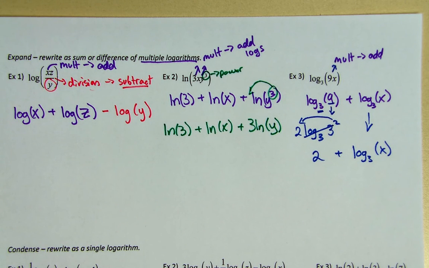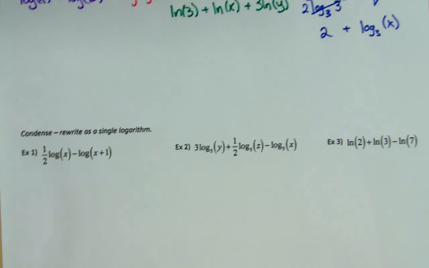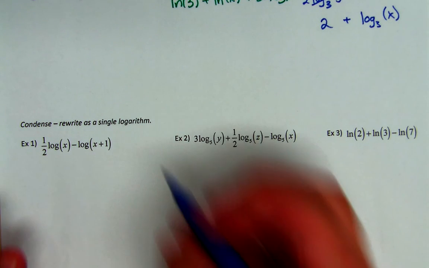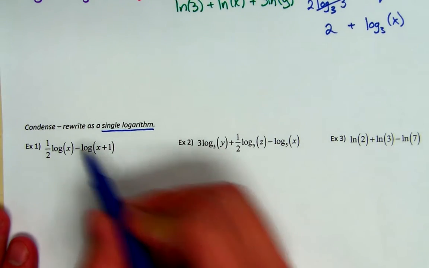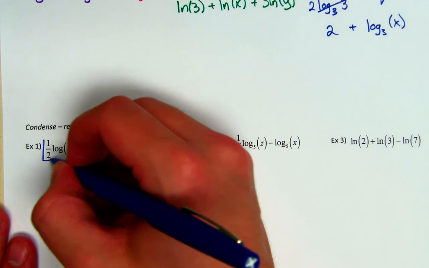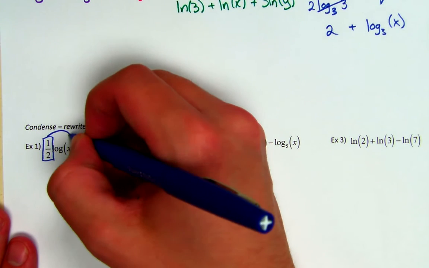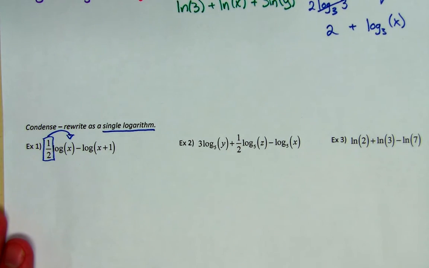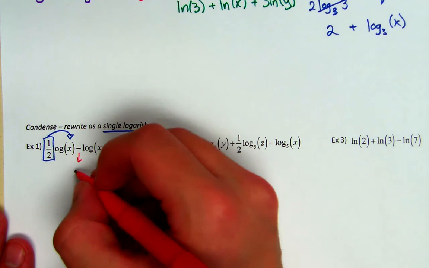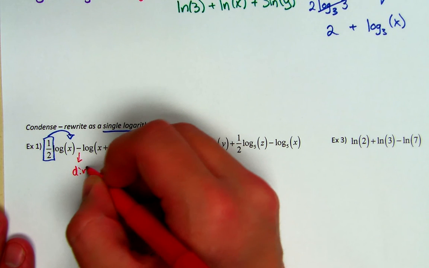Let's quickly try to wrap up the condensing, and then you'll be on your way. Condensing just means we need a single logarithm. Well, there's 2 here. I see this 1/2 out front, so that's a power. I see subtraction, so that means I need to turn that into division.